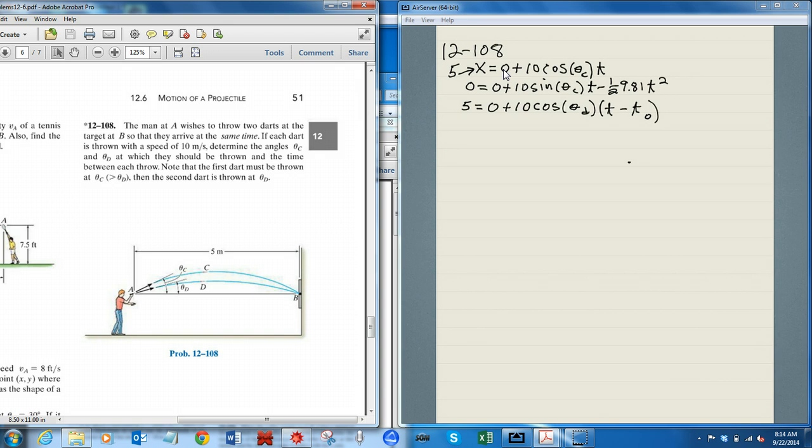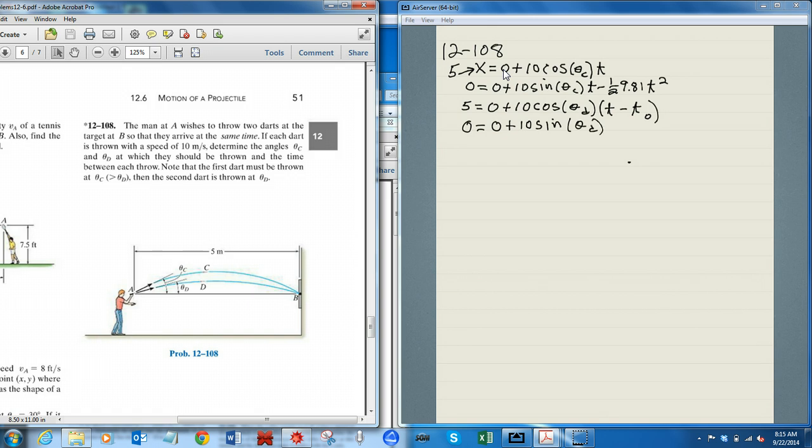Okay, what else do I know about that guy? Yeah, you know the y, right? So let's write down the y. Where does he hit in the y direction? At 0? Okay, 0 equals. Where does he start? At 0, plus what's his initial velocity? 10 sine theta D. Very good.